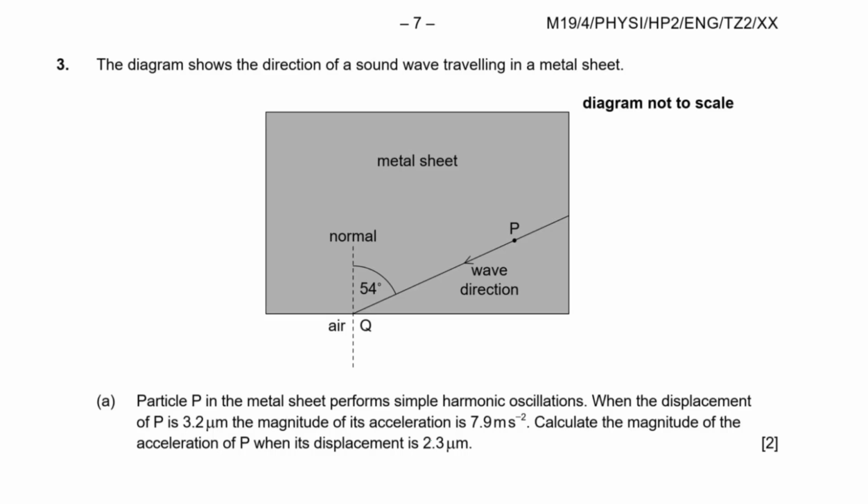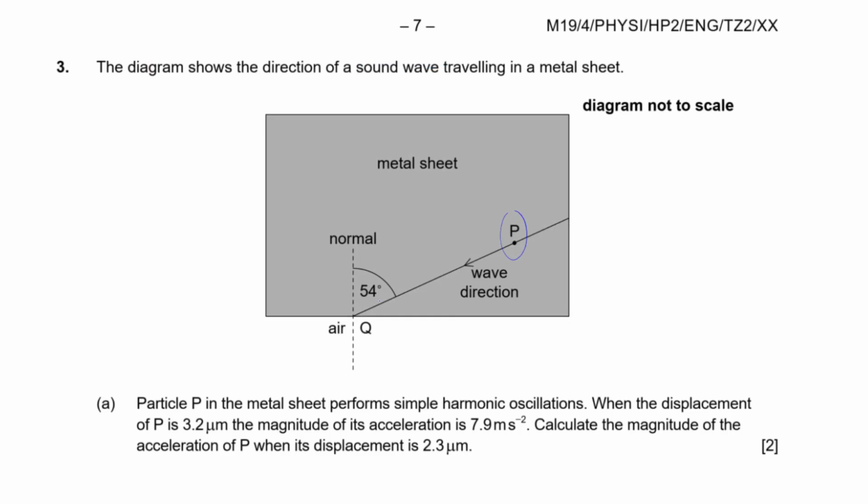Question A asks us about the magnitude of acceleration of the oscillation of the particle P in this metal sheet. And in this question, we do not need to care about the diagram. The diagram indicates the transfer of a wave in that direction along this line.